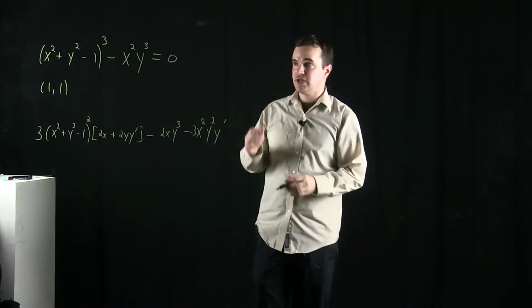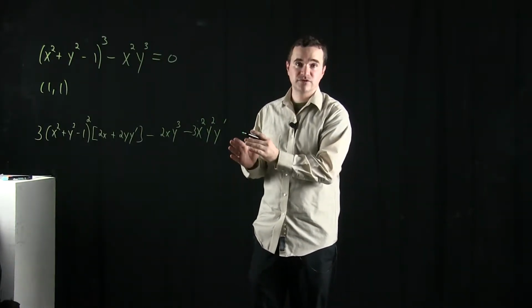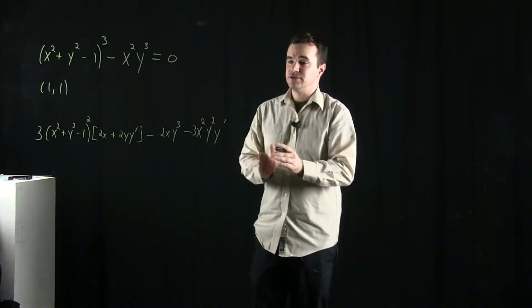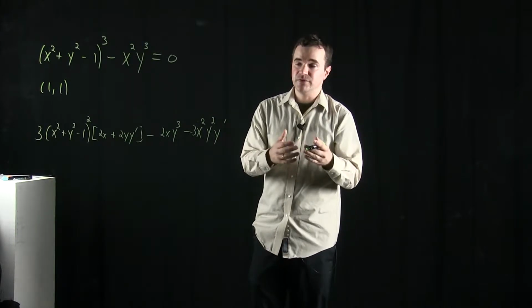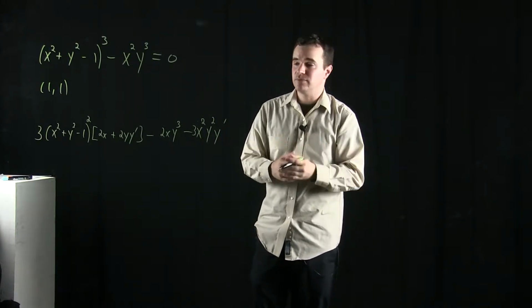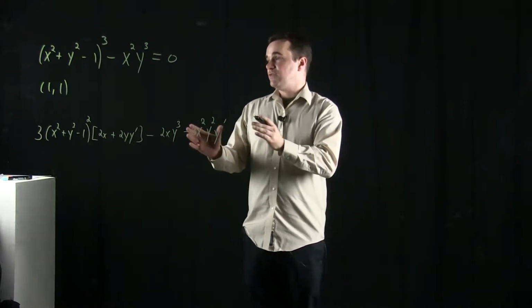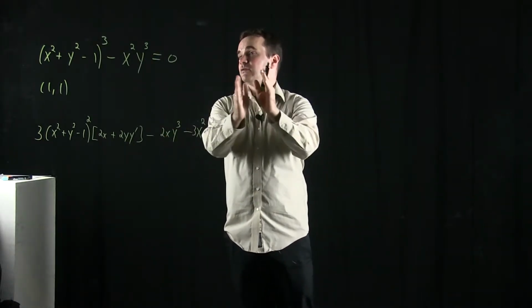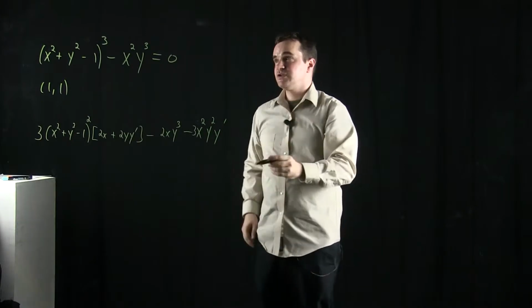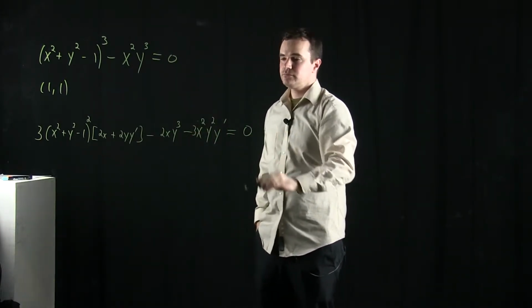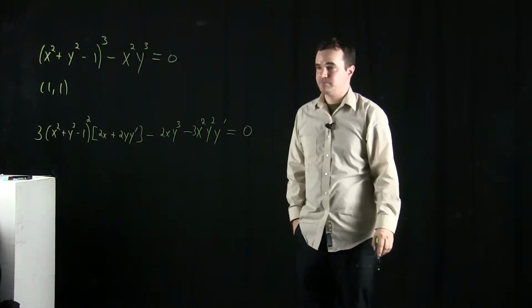Because remember, when you take the derivative of y cubed with respect to x, using that power rule, the chain rule tells you to multiply by the derivative of the inside function, and that's y prime. So that's the derivative, and the right-hand side, of course, is still equal to 0. All of this was equal to 0, so its derivative is still equal to 0.